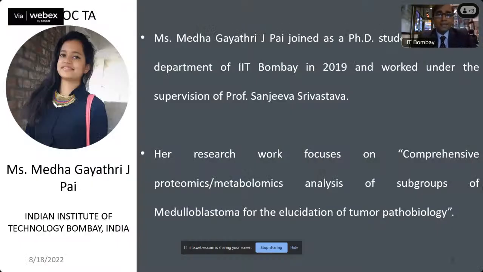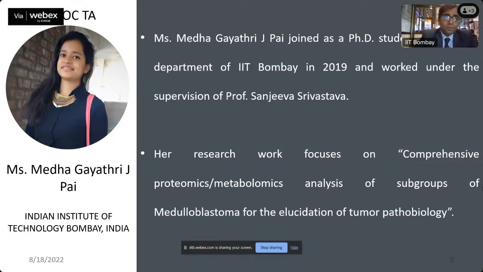All right, and next is Medha Gayatri Pai. Medha is working on medulloblastoma, one of the very deadly brain tumors, which has been less studied. It is one of the pediatric brain tumors, and Medha has been investigating medulloblastoma tumors utilizing both proteomics and metabolomic analysis.